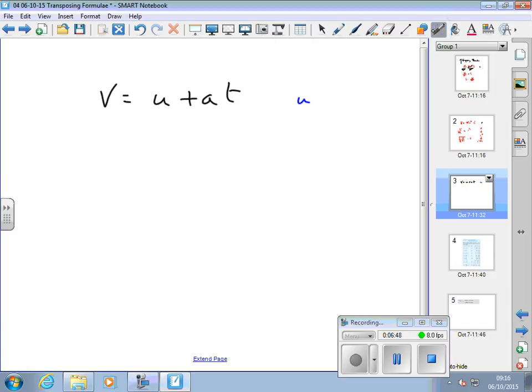It doesn't matter what a and t are. I don't know what a is and I don't know what t is, but they are numbers. So a times t is a number, which has been added to u, which is what I'm after. So subtract that whole number from both sides. v minus at equals u. And then again switch it so that u is on the left-hand side by convention.